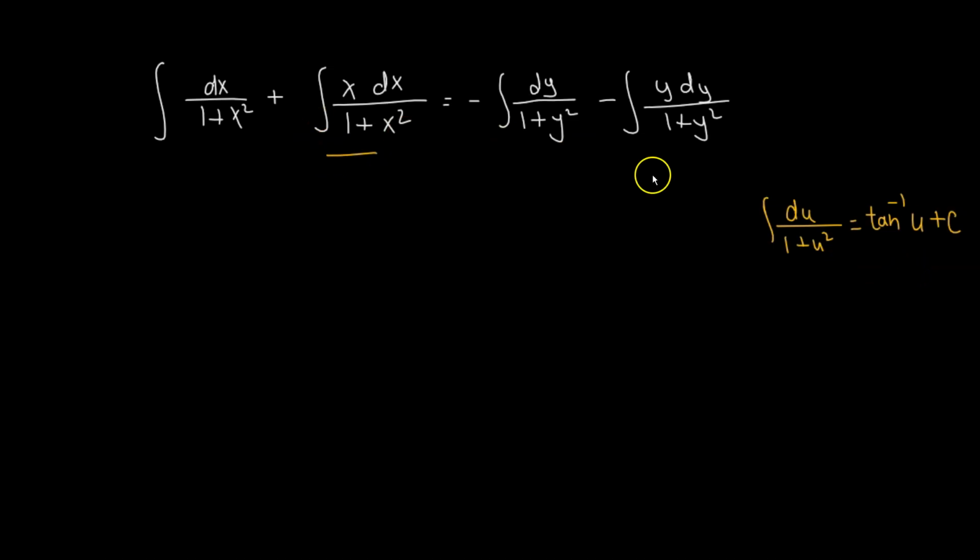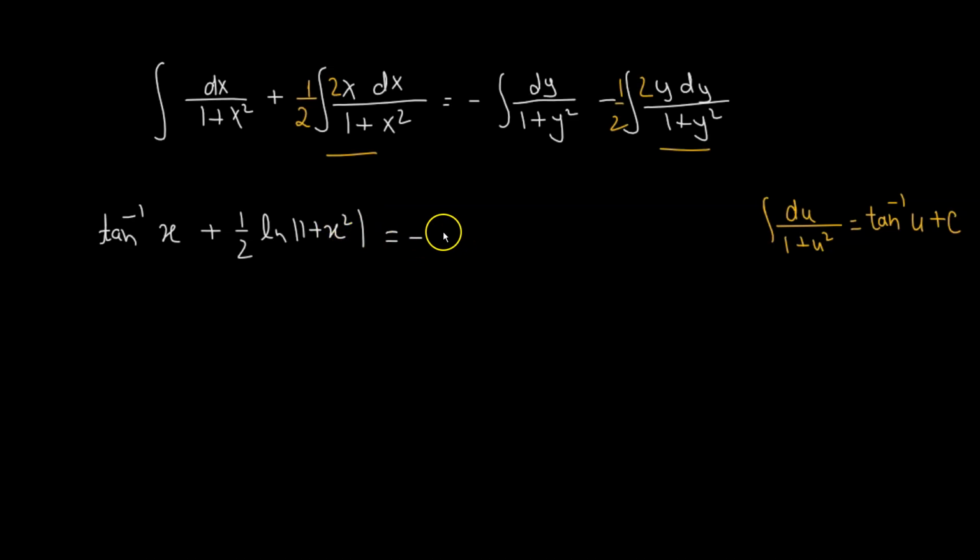And to integrate this second integral, we're going to multiply and divide by 2. We have half 2y, so that we can use the method of substitution, and we should get tangent inverse of x for the first integral. For the second integral, we have half natural log of 1 plus x squared equals minus tangent inverse of y minus half natural log of 1 plus y squared plus the constant of integration c.